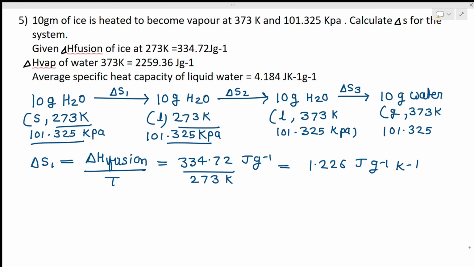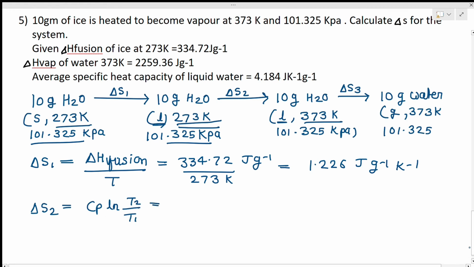Similarly, you have to find out del S2. In this process, you can see liquid is same. There is no phase transformation. This is liquid, this is liquid. Only temperature is changing from 273 to 373 Kelvin. It means we will have to use the formula Cp natural log of T2 upon T1.